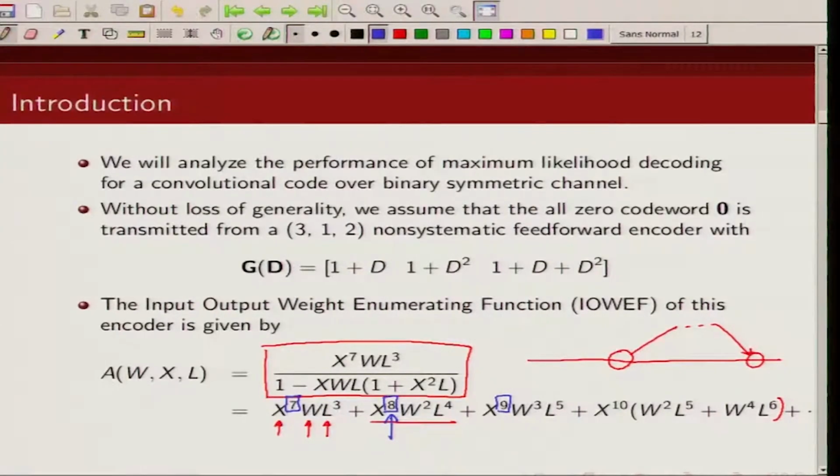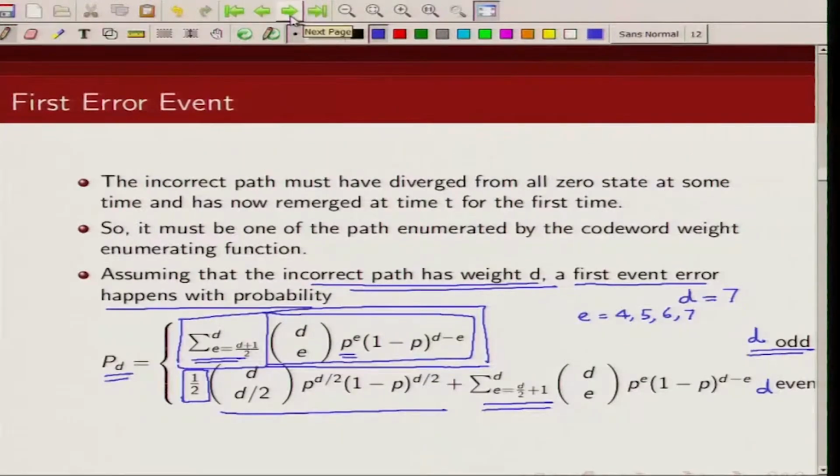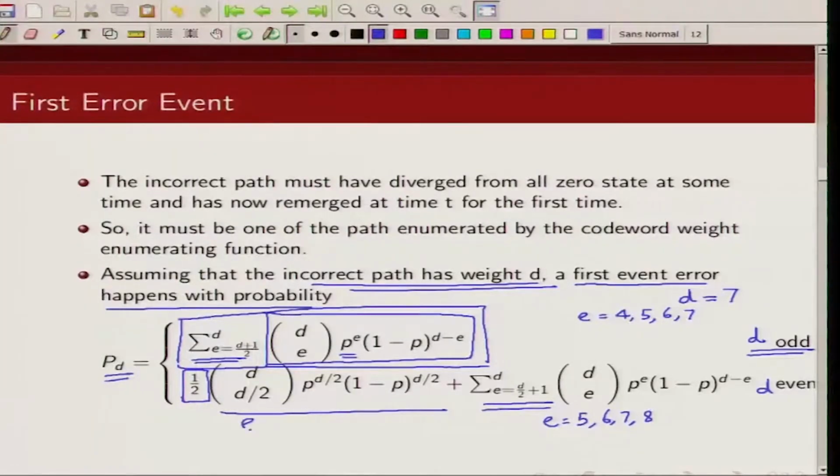If our incorrect path was of weight 8, then all error patterns of 5, 6, 7, 8 would have caused a decision in favor of this incorrect path, and whenever there is an error pattern of weight 4, there is a 50-50 probability that I may choose the incorrect path or the all 0 path, because the Hamming distance is the same from the all 0 path and this incorrect path.